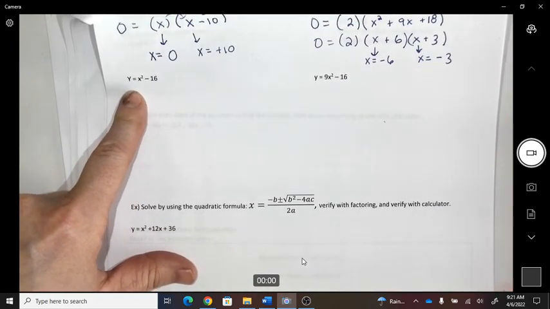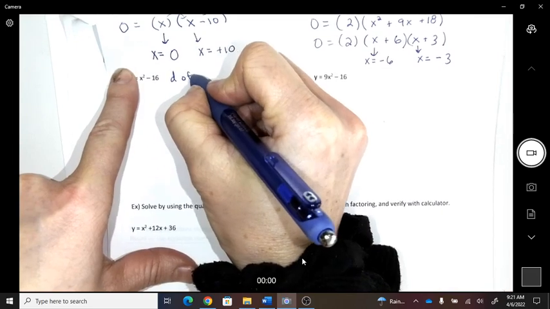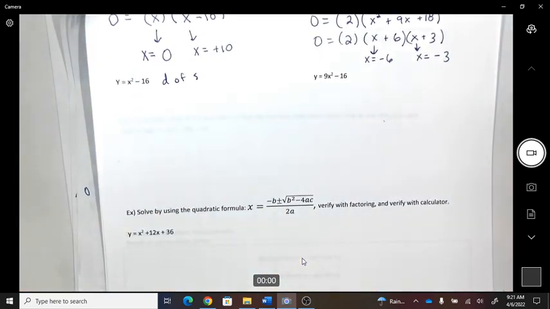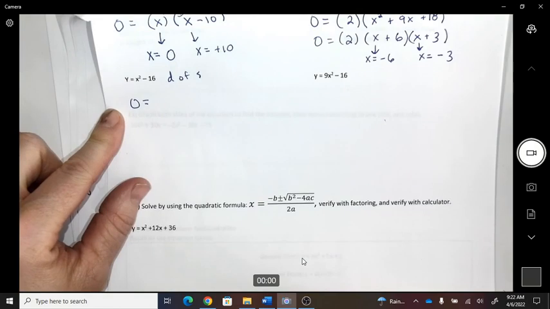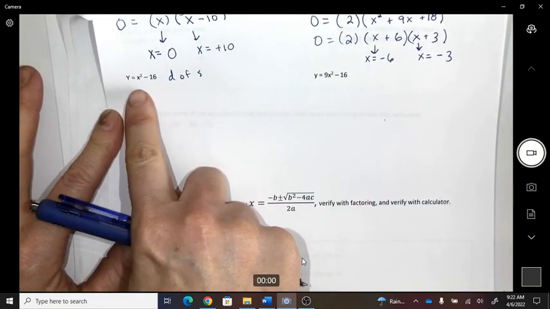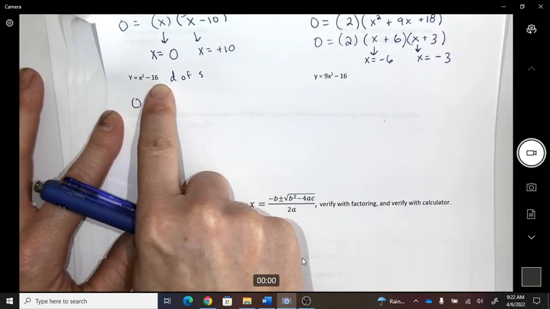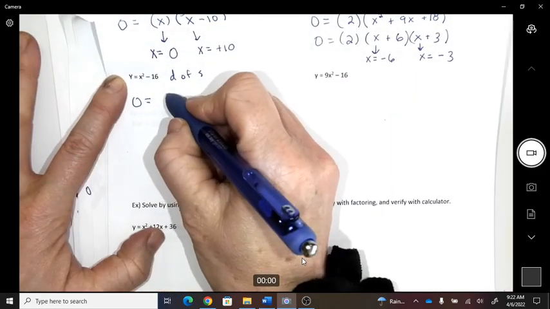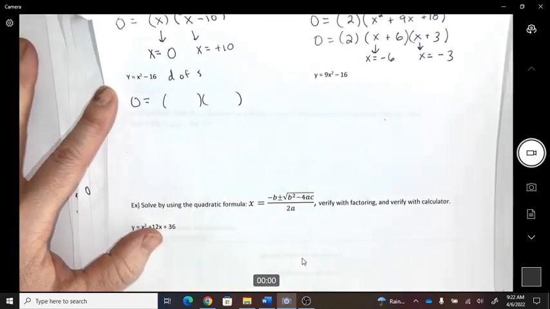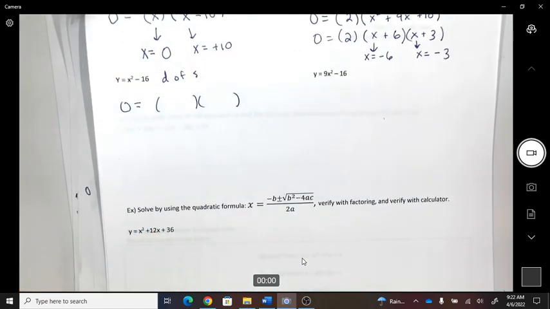Okay, so this one is the difference of squares. Okay, so 0 equals, because I want my y to turn to a 0. Okay, do you see the format? There's only 2 parts and there's a subtract. Okay, so brackets, that's the tactic here.